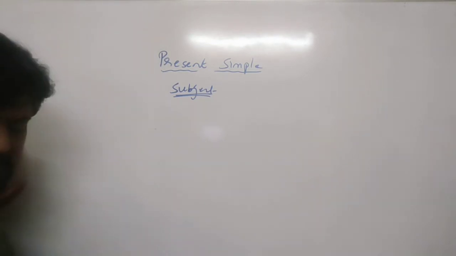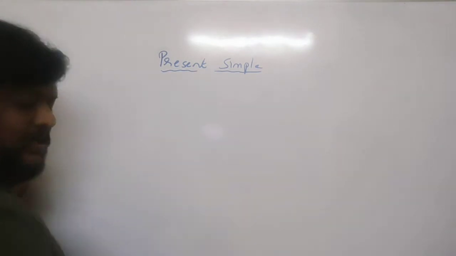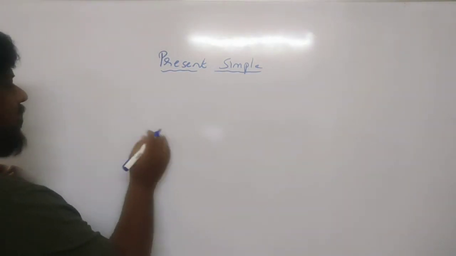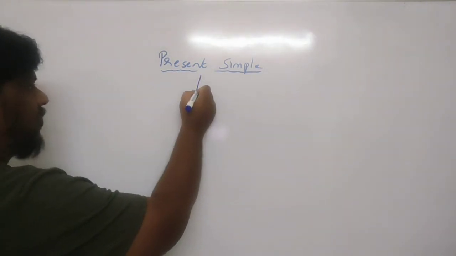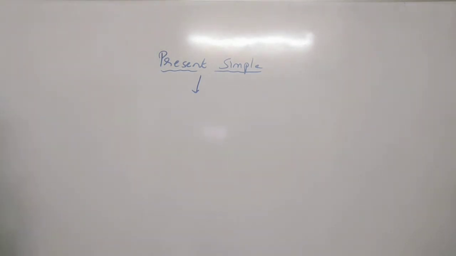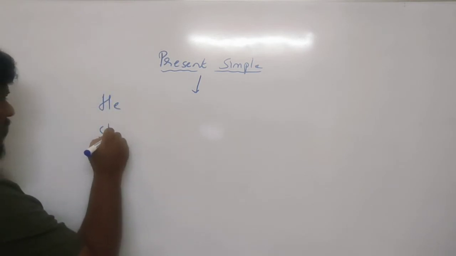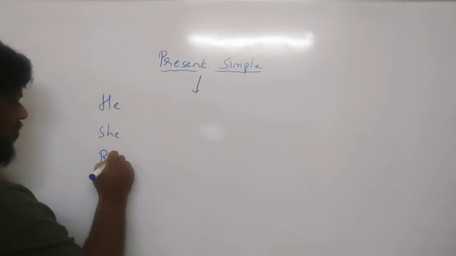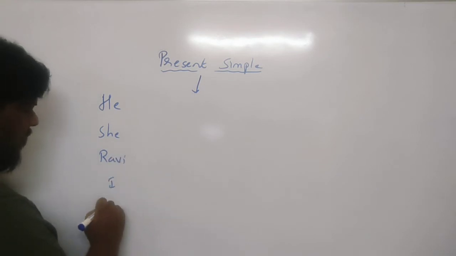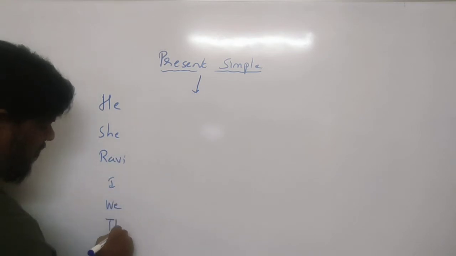Now coming to the present simple, that is what we have discussed now, right? In the present simple, I said he, she, Ravi, I, we, they.